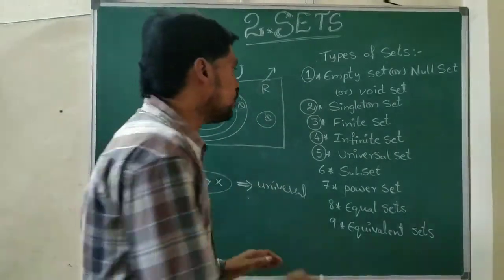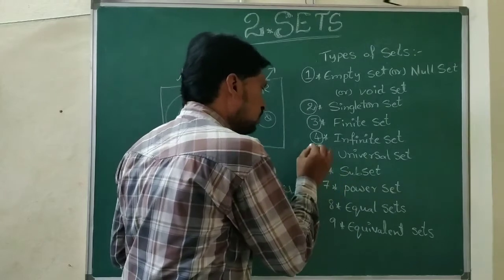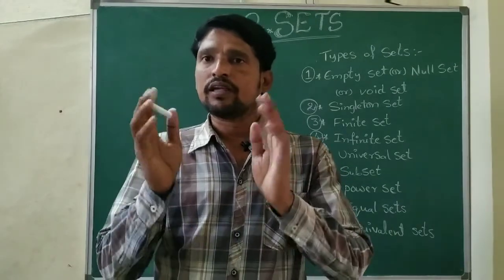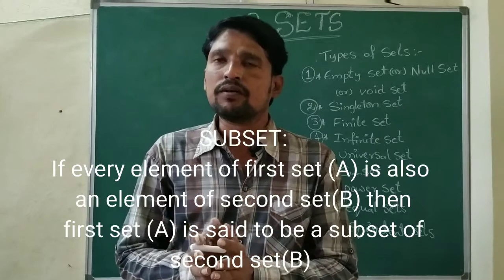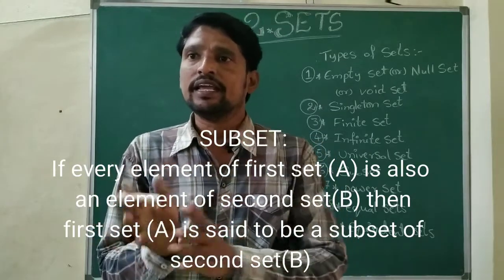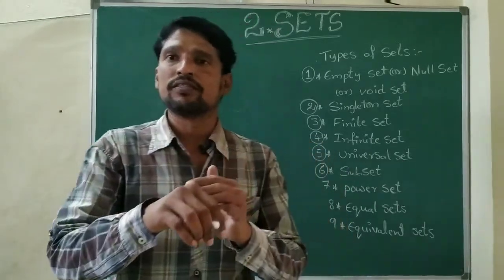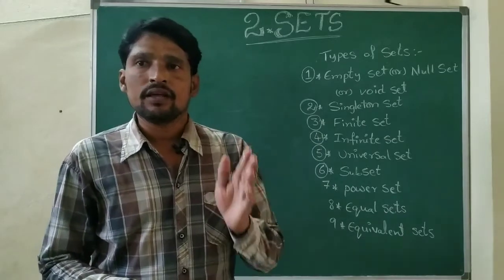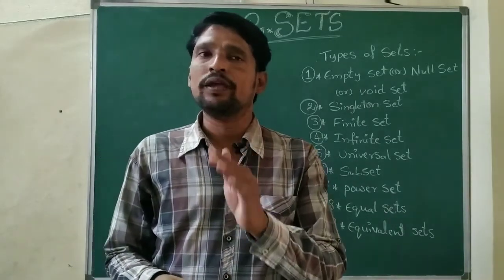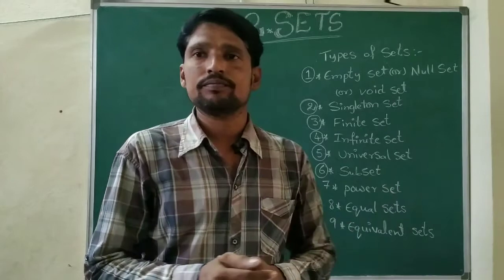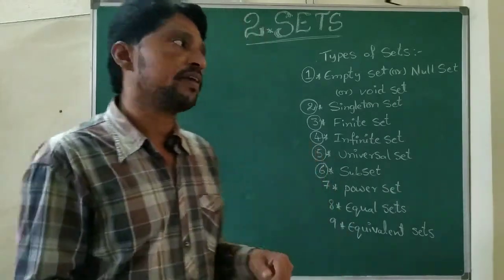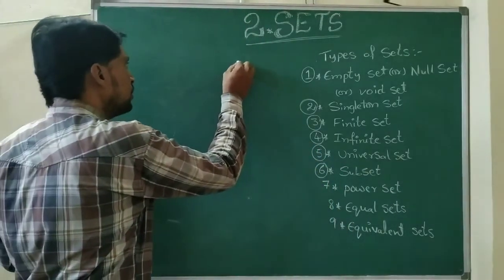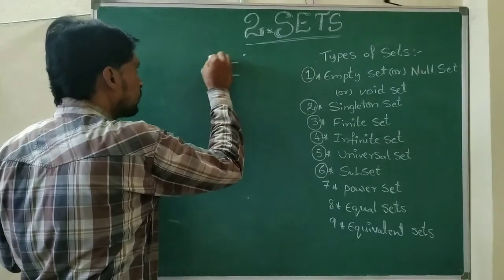Next one is subset. What is subset? If every element of the first set A is also an element of the second set B, then the first set A is said to be a subset of B. The subset symbol is denoted like this.